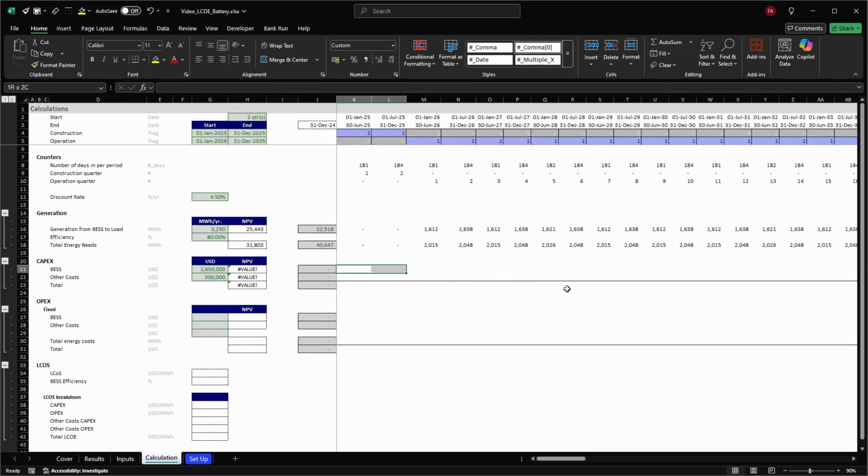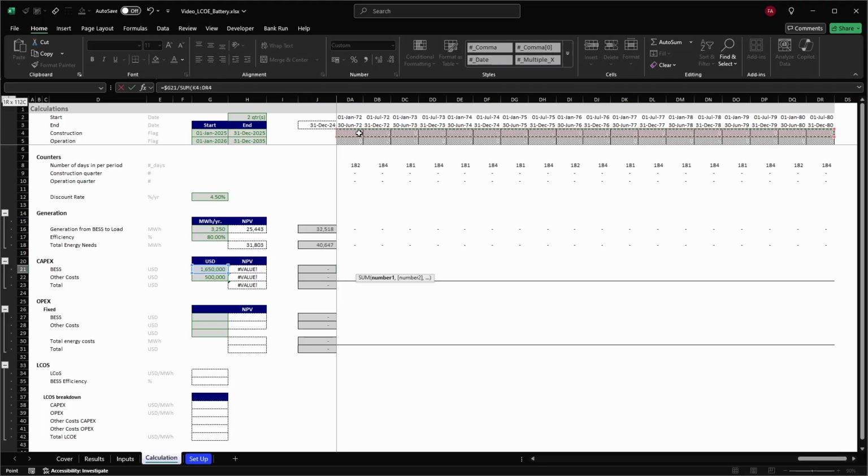All right, so what we're going to do here is say the following. It's going to be equals to this number here. I'm going to press F4 3 times, and divide by what? I need to know how many periods we have during construction, right? So we have 2, so we're going to say equals to the sum.